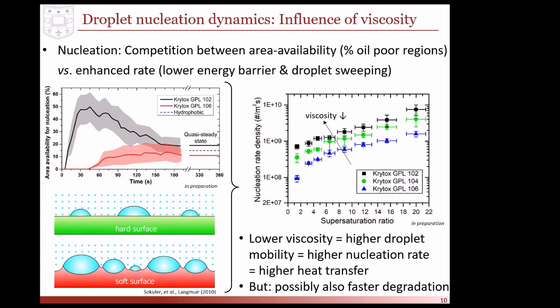But one of the big advantages of lubricant-infused surfaces is the ability to have dropwise condensation for refrigerants and other low surface tension fluids. So that's where I do see potential application for lubricant-infused surfaces.